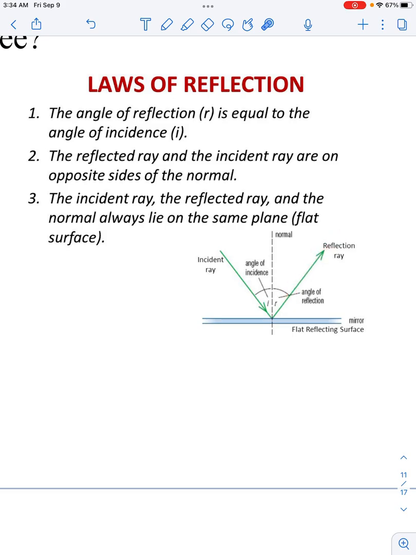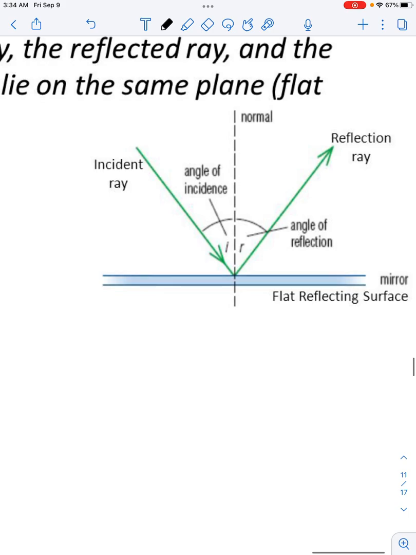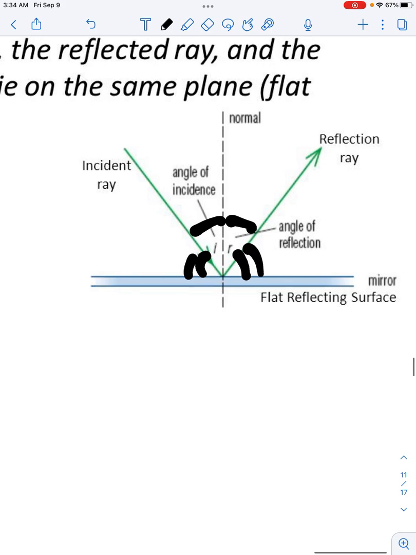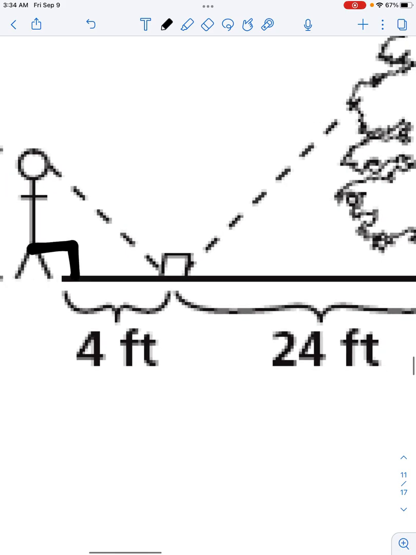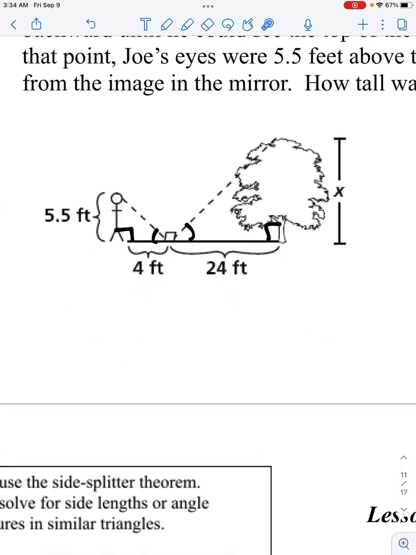And then by geometry properties, we can say if these angles are equal, we can use complementary angles to say those angles are equal. So in this picture, this reflection here tells us that these angles are congruent. So now we have two angles that are congruent.